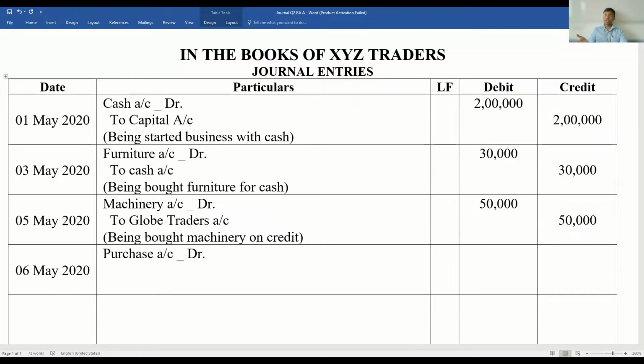Because when you purchase, goods are coming in. And we already know that whenever you carry out a purchase, the purchase will always be carried out against purchase account. You do not carry that against goods account, because what are the nature of the goods that you can buy? The nature of the goods that you can purchase are your raw material. Because of this, it will be purchase account. Okay, so it will be purchase account.